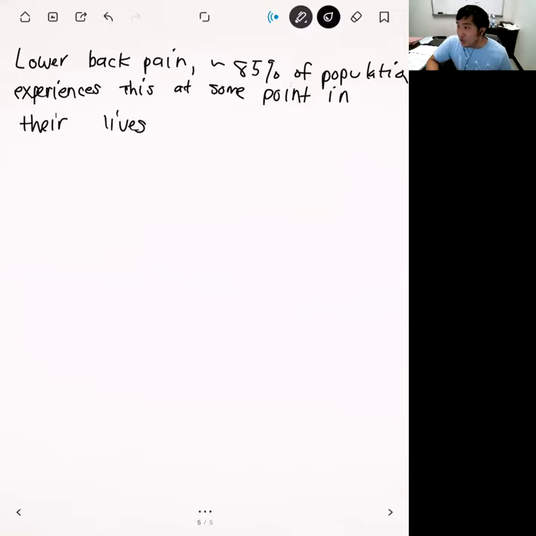It's one of the most frequent, if not the most frequent and expensive, workers' compensation claims in the United States. A lot of lower back pain is caused by mechanical stresses in your lower back caused by the back extensor muscles. It can cause damage to the discs, it can cause damage to the bones, or you might also strain your back extensor muscle when you put it under such strong stresses.